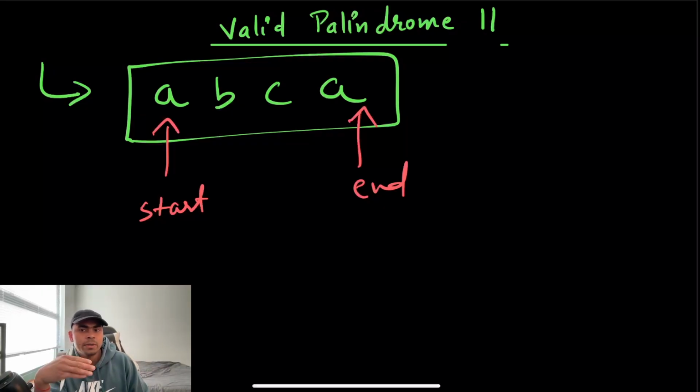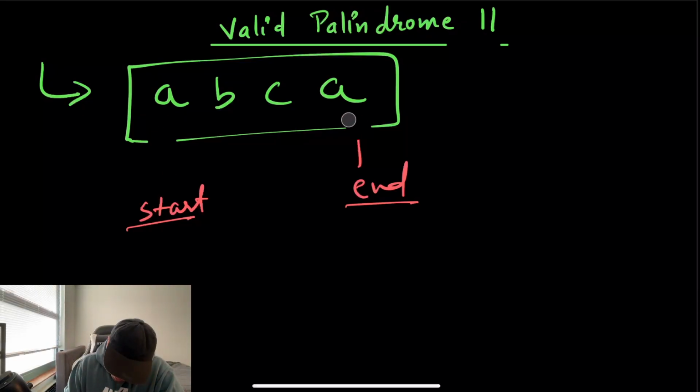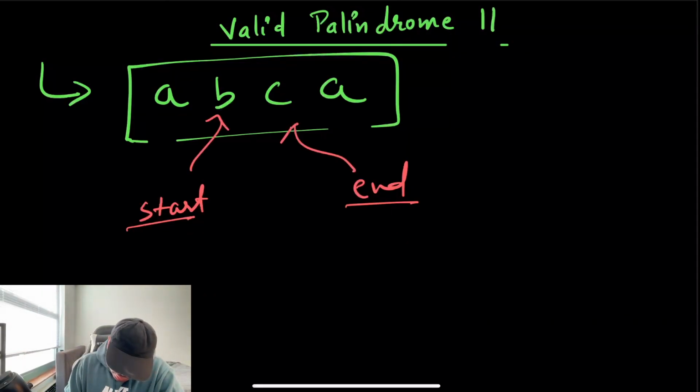We will need a helper palindrome function, and once we are using these two pointers to check these characters, we might come across two characters which are not matching. So let's say when we are moving these pointers, these two were equal, but once the pointers come over here, these two are not equal.